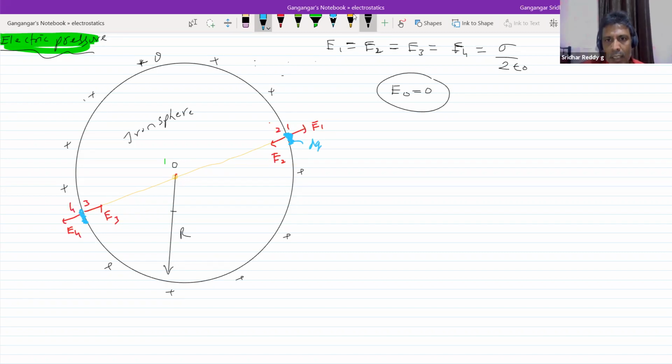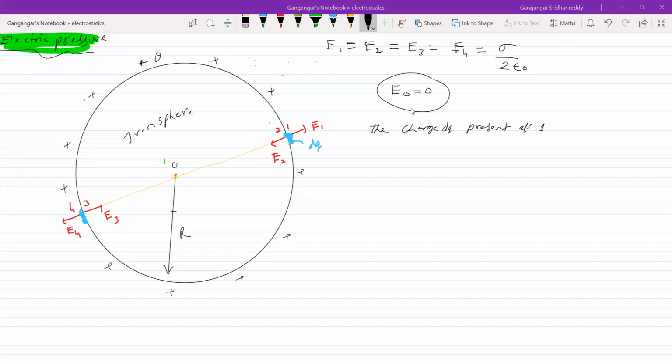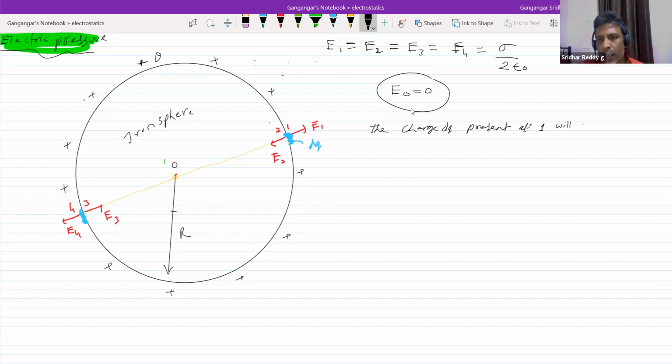So what is the observation now? The charge dq present at 1 will experience a force due to E3.